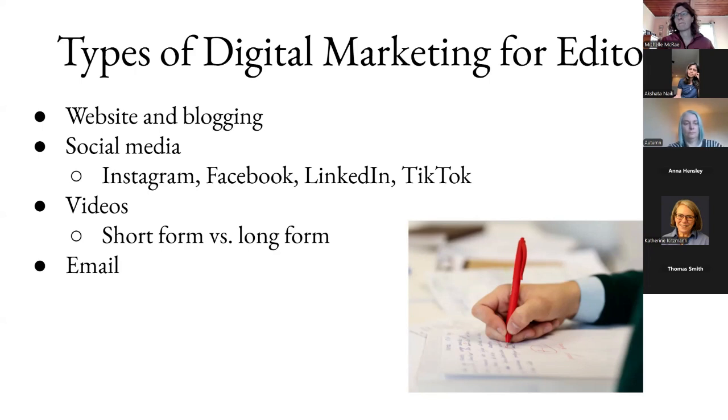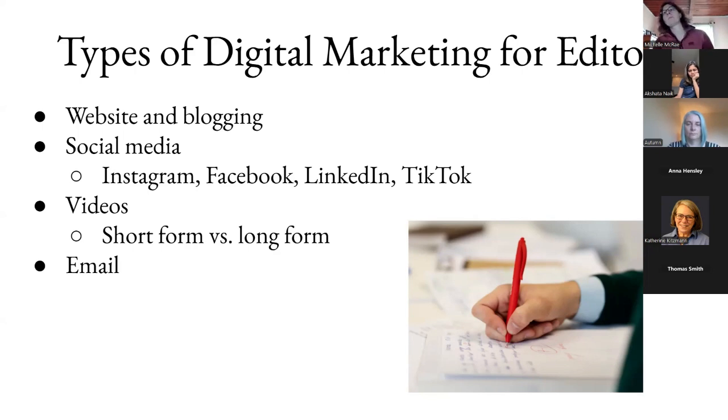Another advantage of having a website is you can host your blog there. I use WordPress for my website, and I can easily post my blog articles there each week. We'll get into search engine optimization, SEO, in a minute. Social media is fairly self-explanatory, I think. I don't think you have to be on every platform, but if you can create accounts on 2 or even 3 of the different platforms, whichever ones you're most comfortable using, and then you can share the same content to each platform, that will help you save time.